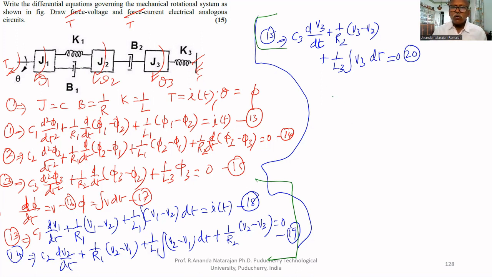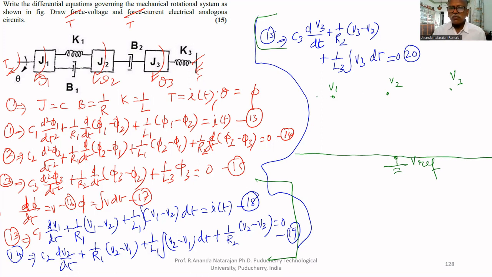So here node voltages are there. How many node voltages? Three node voltages are there: V1, V2, and V3. But in nodal analysis, one reference will always be there, the reference voltage. So four voltages. The 18th equation consists of C1 dV1; C1 is across V1 only, to the reference, the baseline.